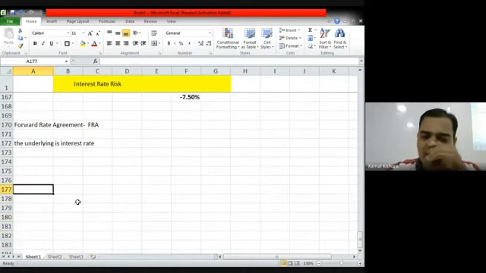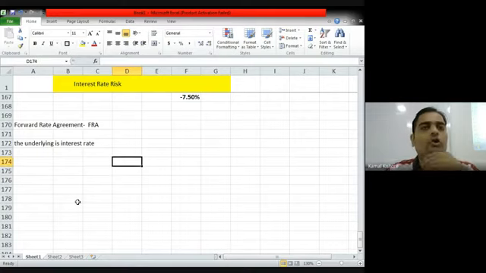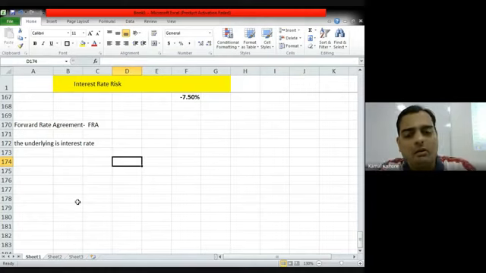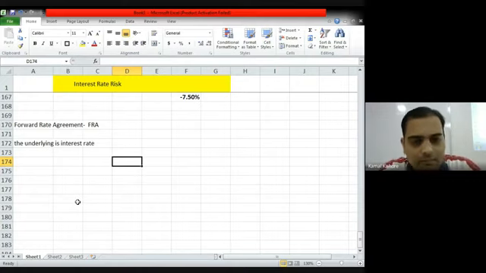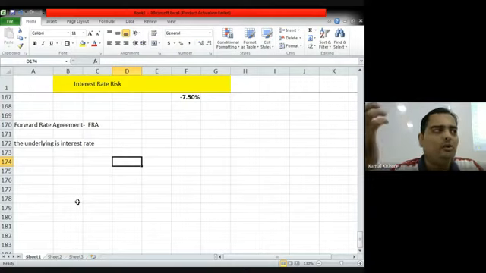What is this forward rate agreement? Basically, I am entering into a forward contract to freeze an interest rate. If I'm buying an FRA, that means I've taken loans.